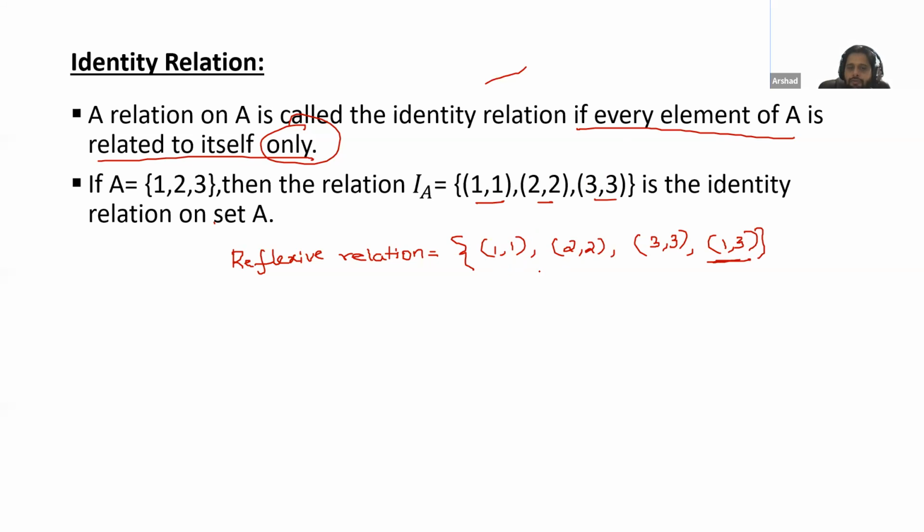So that means in reflexive relation, we can have other ordered pairs, but these must be present in the relation. Other than this, you can have any other ordered pair and it will still be a reflexive relation. But in identity relation, you must have only these. Other than this, you should not have any other ordered pair. Is this clear first?